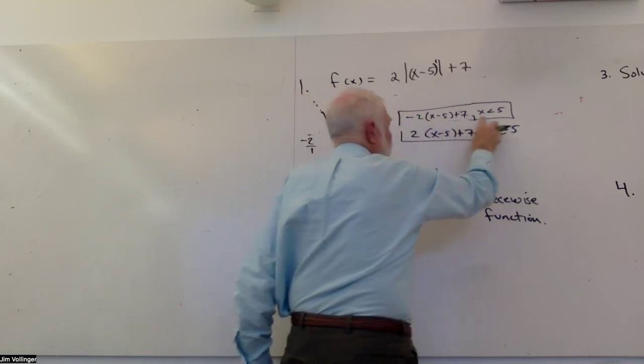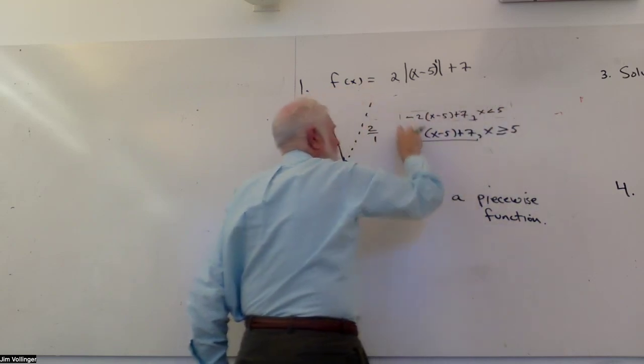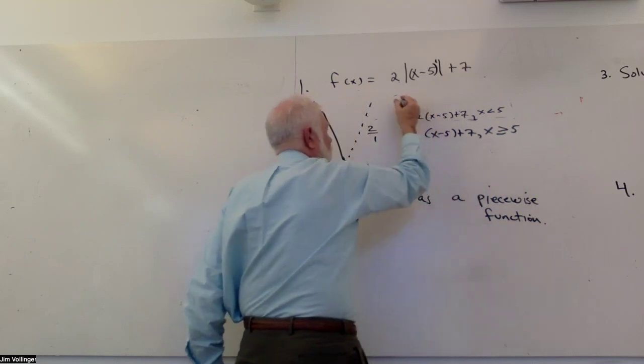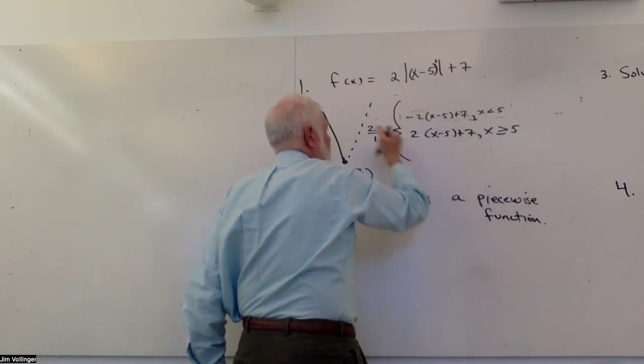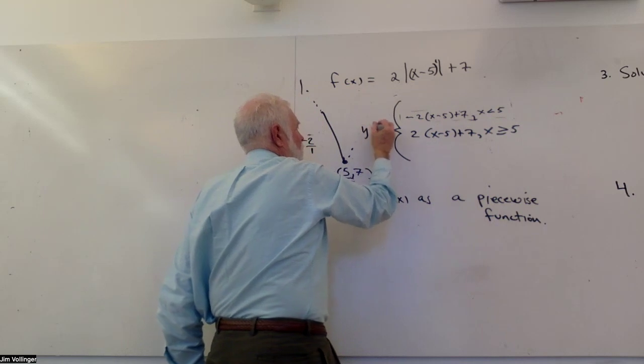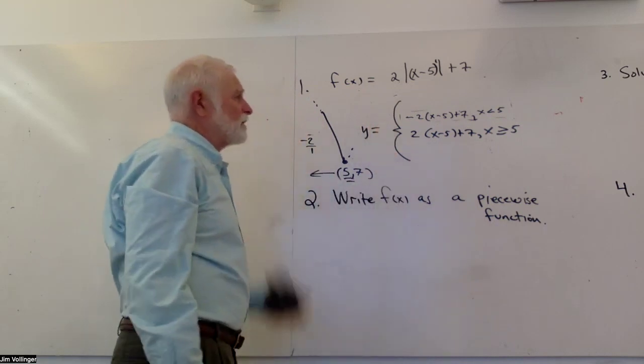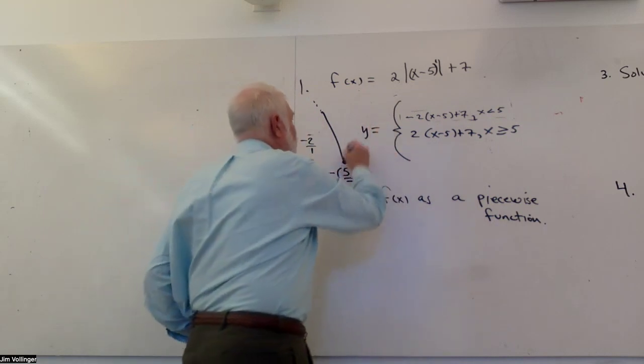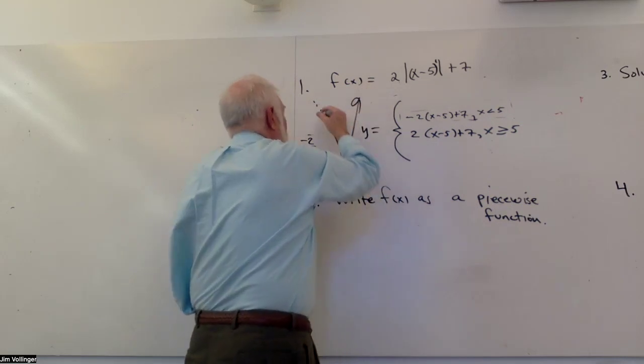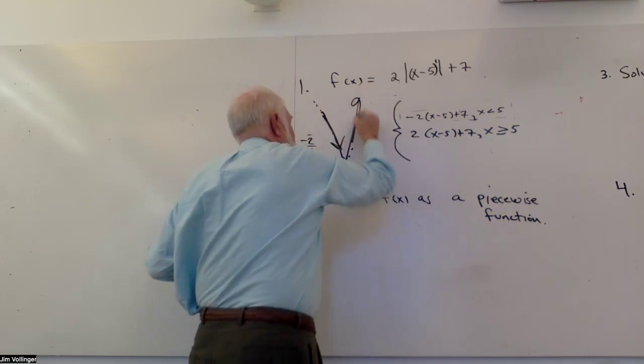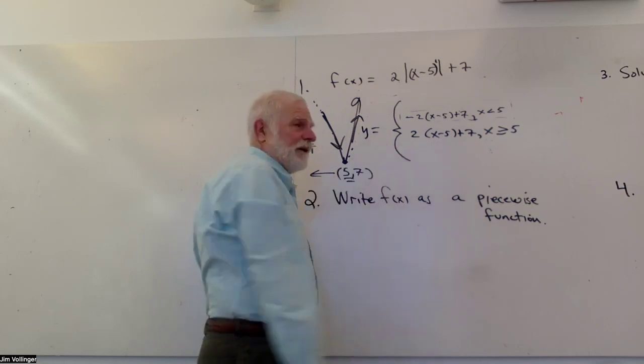And now I'll erase that stuff that we don't need. Right, and we usually bring in a little bit of bracket of some kind, and then we say y equals. That's a piecewise function. You know, breaking this V shape up into 2 pieces, one the decreasing side, the other the increasing side, and I've defined it.